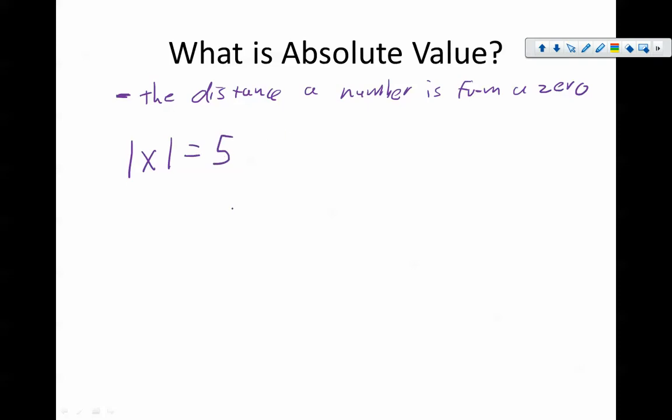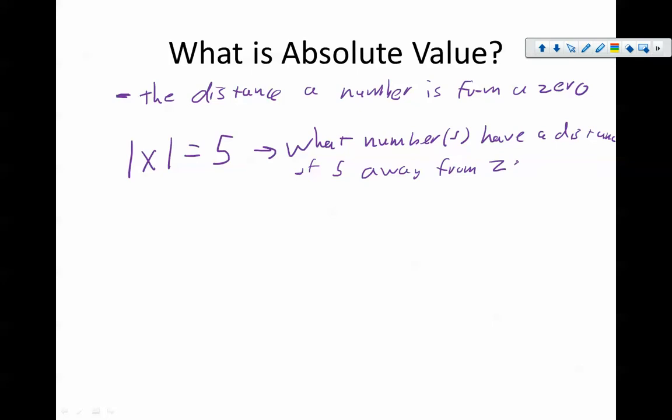When it says the absolute value is equal to 5, we're looking for what numbers have a distance of 5 away from 0. That is what that question is asking us.